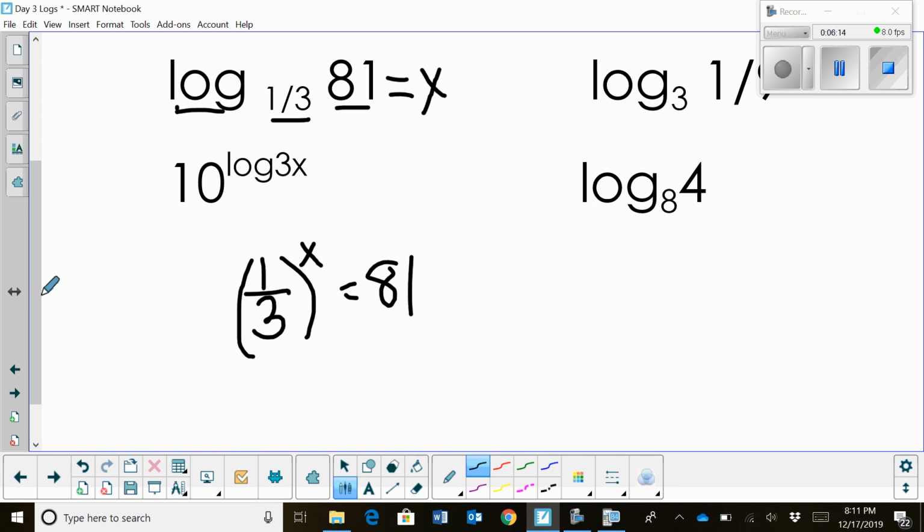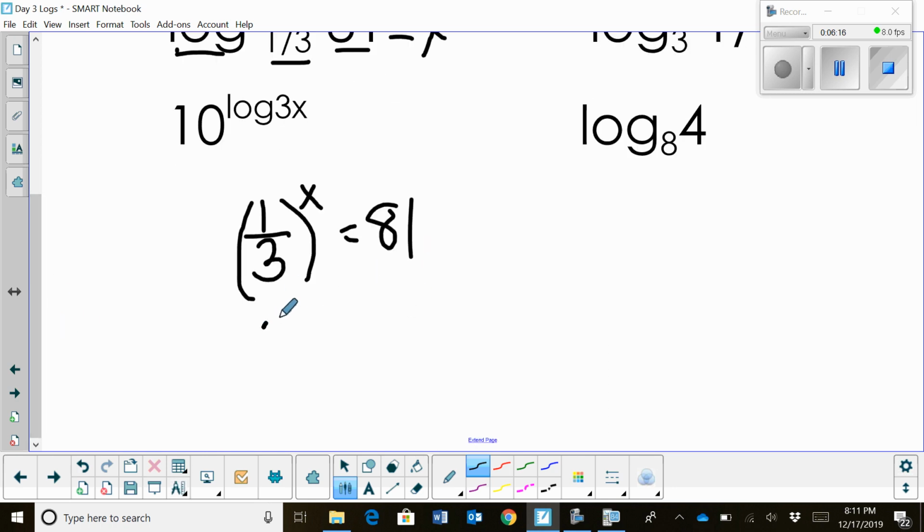Now, 1/3 is a little tricky, but I think I could write it with a base 3, because if I want the reciprocal of that, I just raise it to a -1. So that's 3 to the -1x, or negative x.